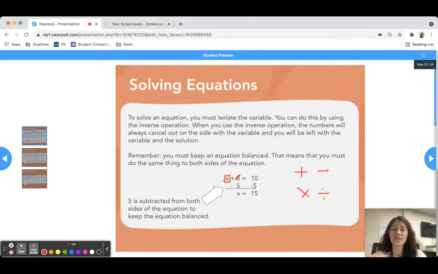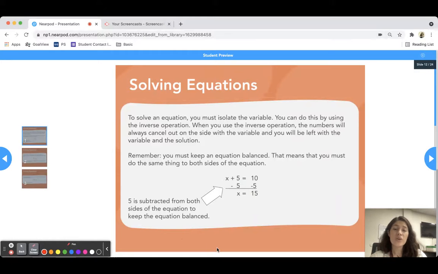This is adding 5, so I gotta subtract 5 from both sides of my equal sign. So 5 minus 5 gives me 0, which I get to cancel. And then 10 minus 5 gives me 5, not 15, gives me 5. So I know that x is 5. And I can double check. 5 plus 5 does equal 10. So I know this is correct.